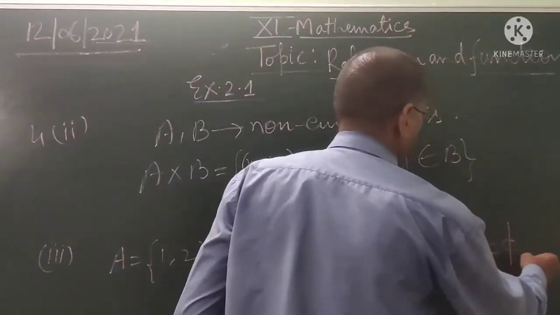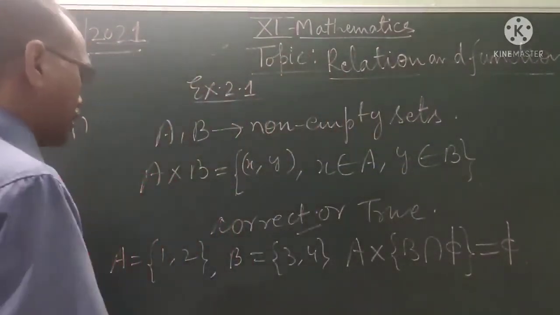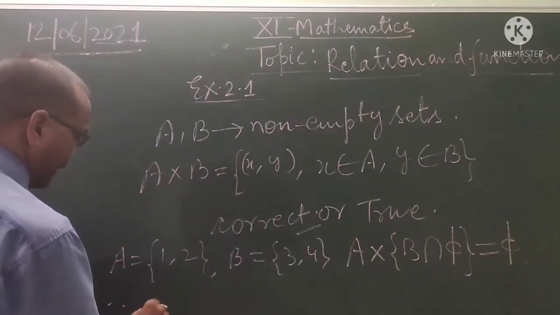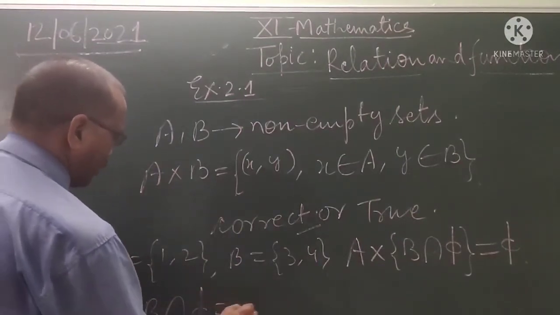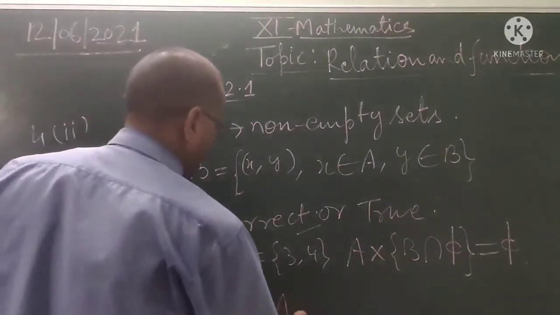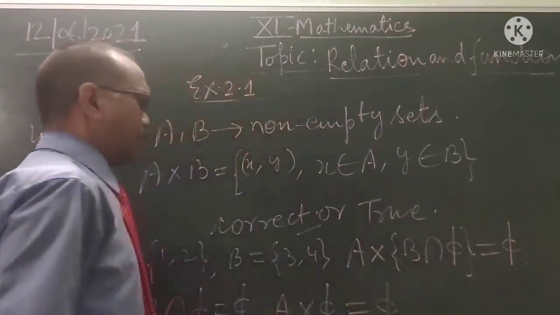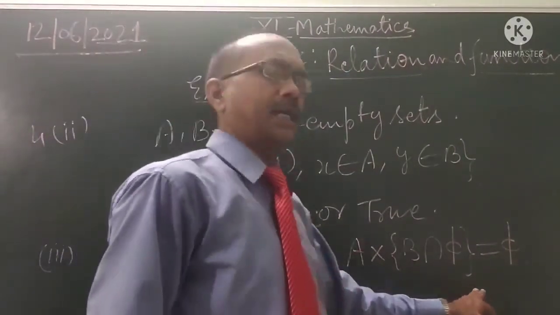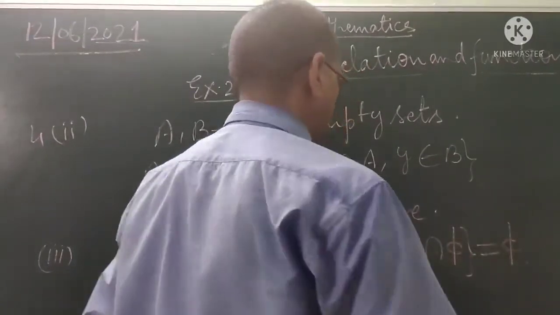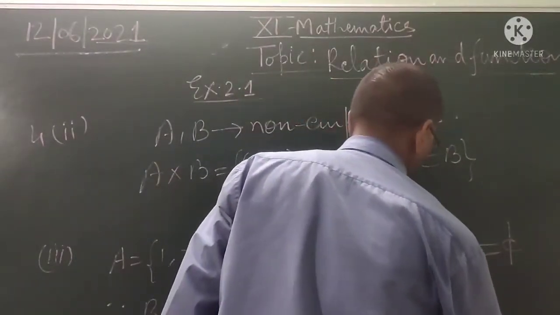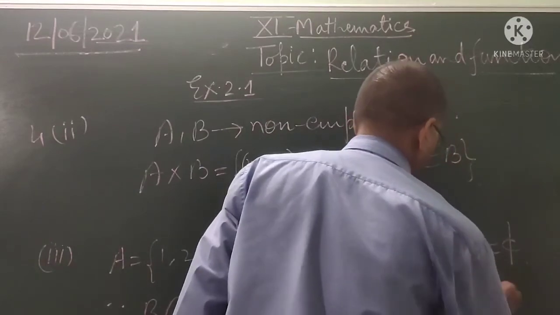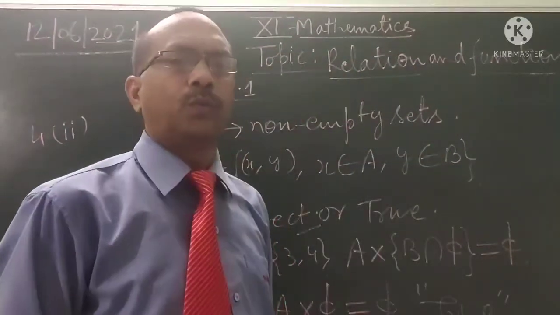This we have to check. Students, since B intersection null set equals null set and A cross null set equals null set, therefore the statement is correct here. So it is true. The given statement is true.